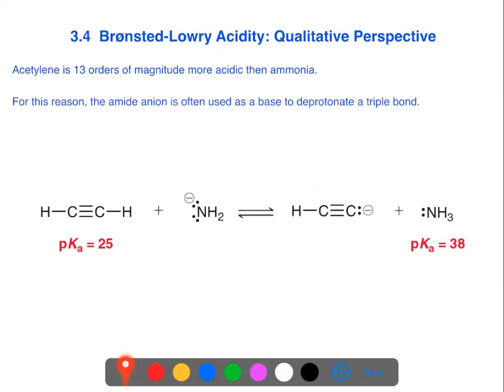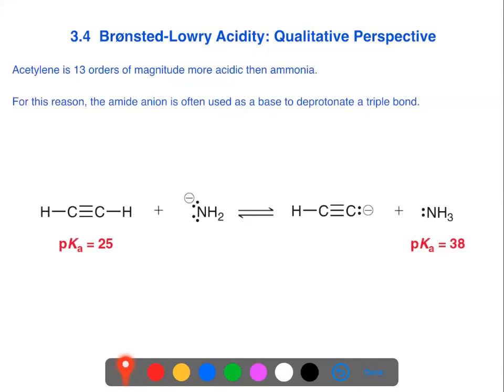So as you can see in this reaction, the pKa of ethyne is 13 orders more acidic than that of the conjugate acid, in this example, ammonia. And so this is the one exception to the rule to the ARIO system that we need to remember.